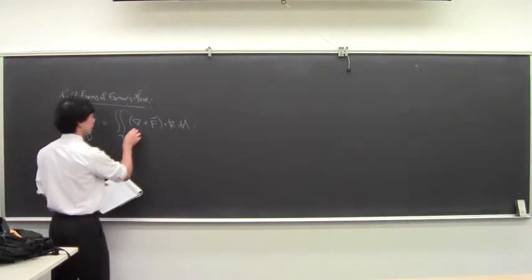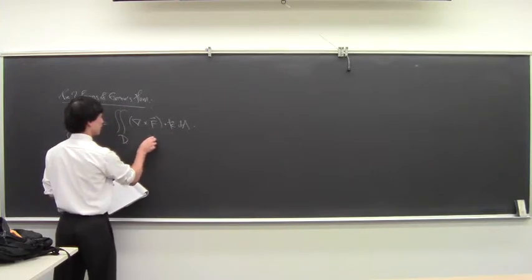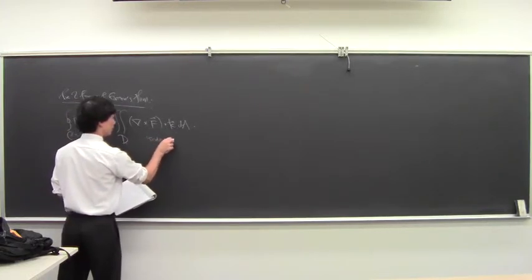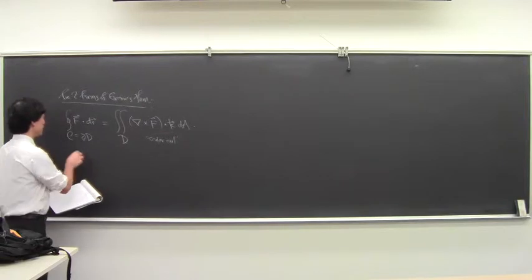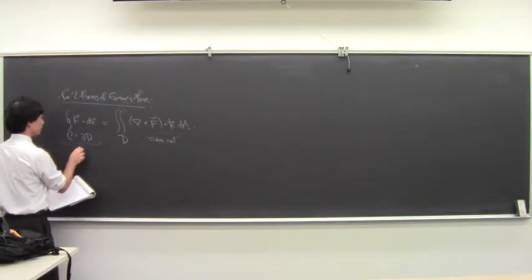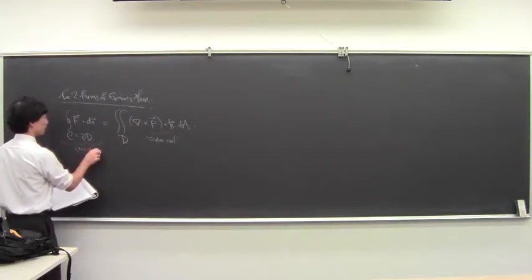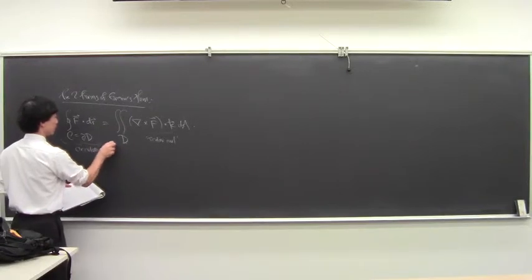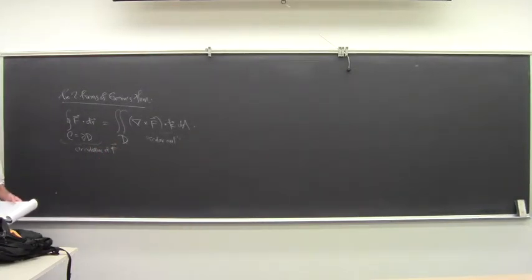This thing here we call the scalar curl, and this whole thing on the left is called the circulation of the field. Okay, so that was the first form of Green's theorem that we saw.